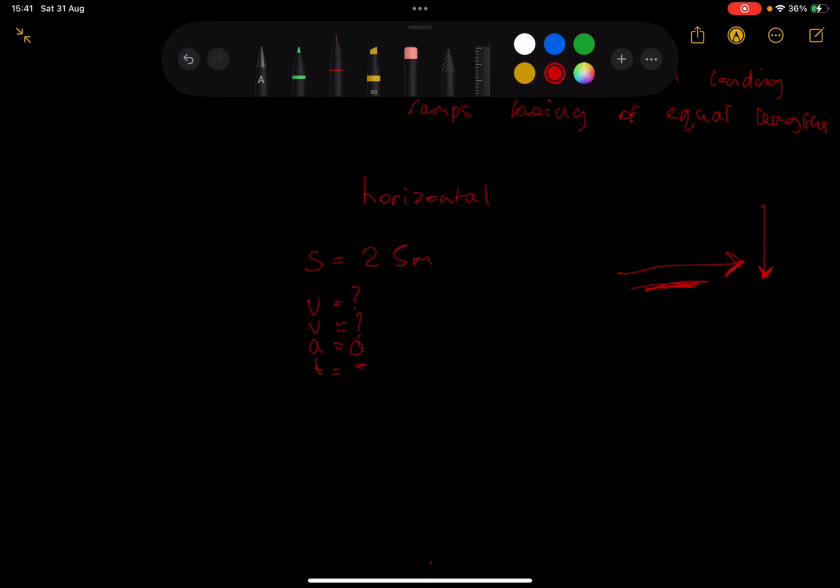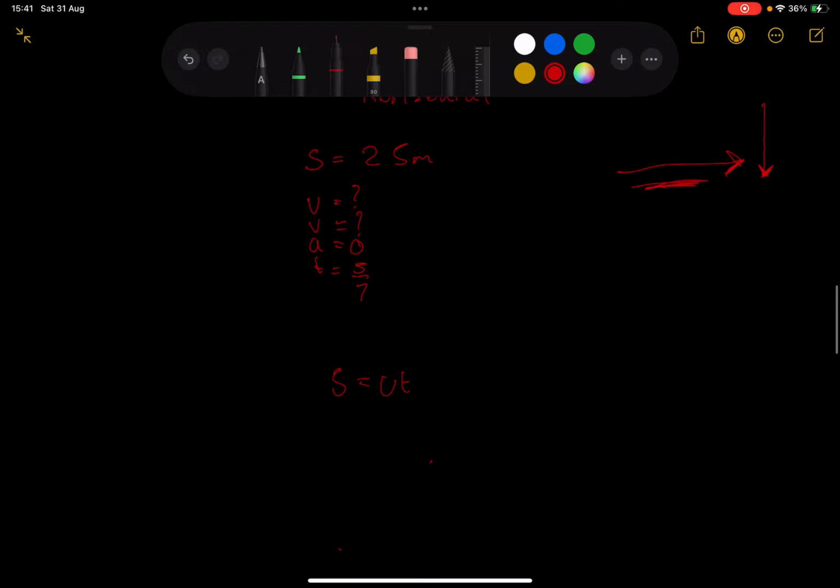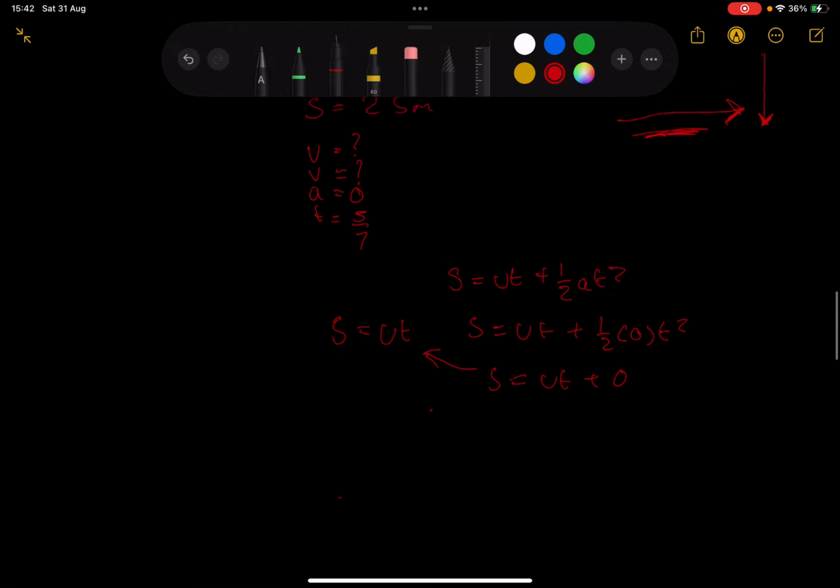Since a is 0, we can use the formula s equals ut. It would originally be s equals ut plus half at squared, but with a equal to 0 that makes s equals ut plus 0, so s equals ut.